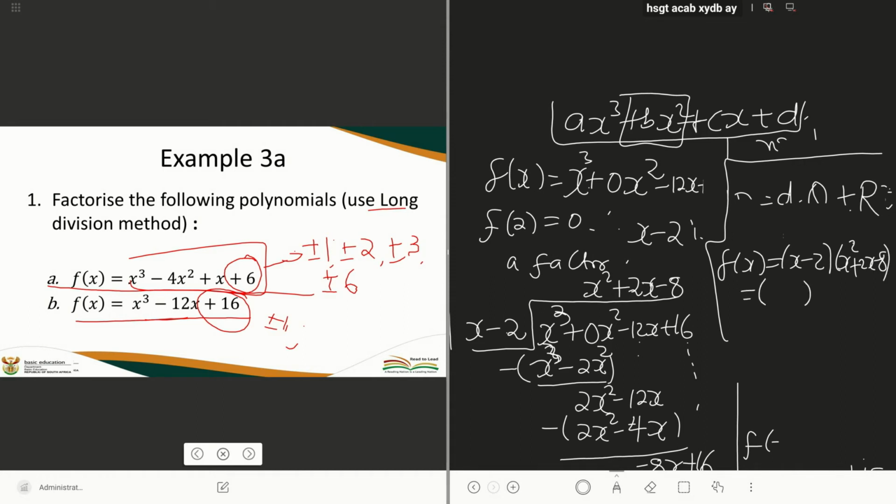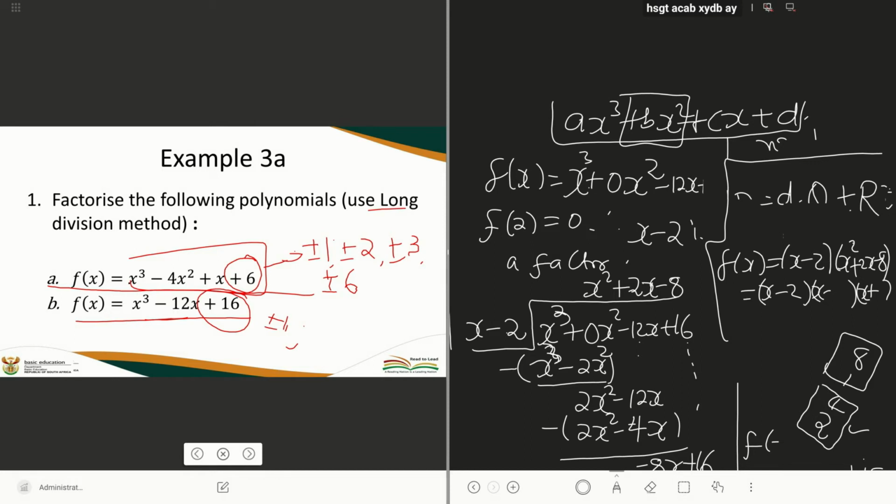Therefore, what will be the factors of the trinomial? You can use the quadratic formula, you can use the trinomial factorization, that's up to you. So we have x and x, we have minus, I'm looking at the negative sign there, it's going to be minus and plus. So the factors of 8, you have 8 and 1, we have also 4 and 2. So now I'm going to make use of this 4 and 2 part.